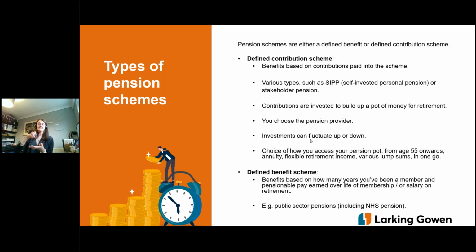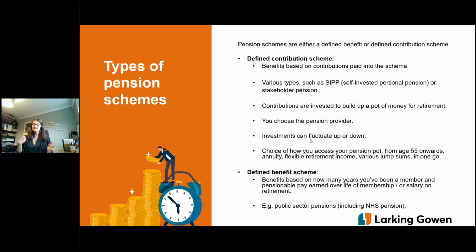You are making, as the name would suggest, a defined contribution of £1,000 a month, £100 a month, whatever, into a scheme, into a pot where it is invested, and then you can use that pot to draw down, or buy an annuity pension later on. So that is a defined contribution scheme. A lot of the tax charges that we'll talk about in later seminars refer to pot values and contributions, and those limits are easily identifiable in a defined contribution scheme.